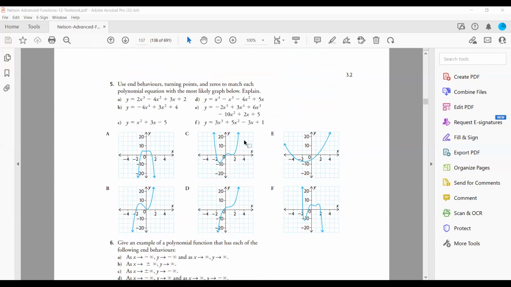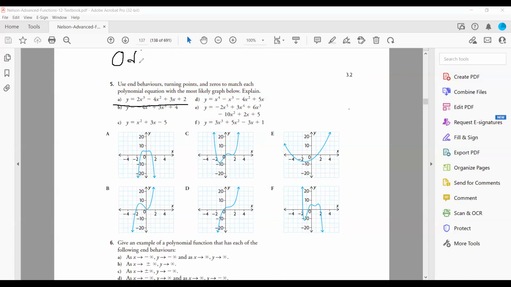So let's do example number 5. Use end behaviors, turning points, and zeros to match each polynomial equation with the most likely graph below. This is also part of your home assignment. And let's do one example together, and then you'll do the rest on your own, okay? So example A, 2x to the third power minus 4x squared plus 3x plus 2. Let's state that degree of this function is odd. It's 3.